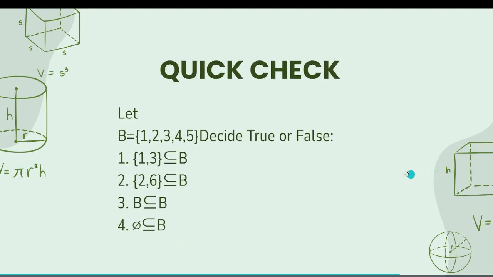Okay, now here's a quick check. Here let B is equal to {1, 2, 3, 4, 5}, and we have to decide if these are true or false.